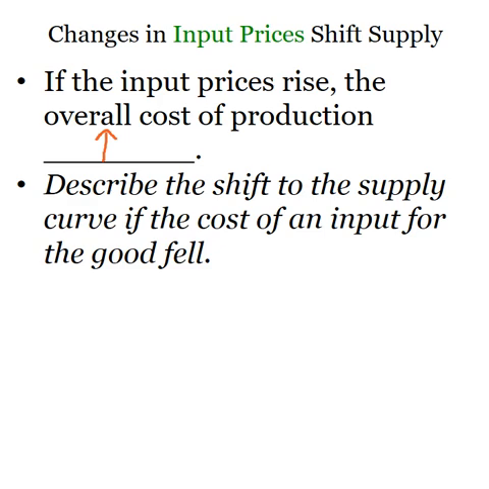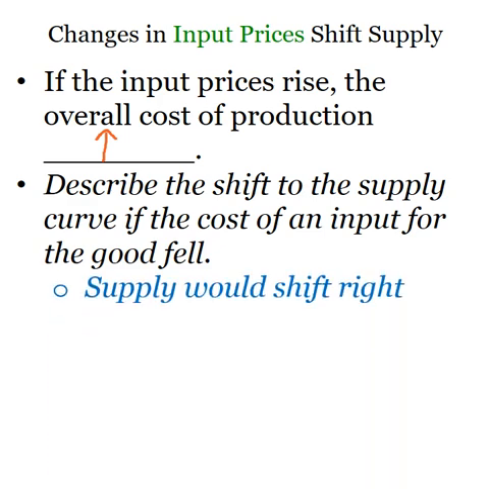So our first example here. Describe the shift to the supply curve if the cost of an input for the good fell. So if input prices are falling, it's going to shift which direction? It will shift to the right, because if the input prices are down, that means your profit is up, so you can supply more of that good.